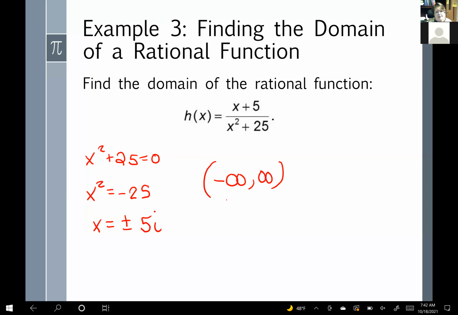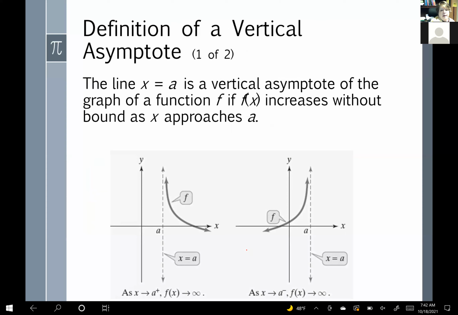Okay, so our discussion of finding domains of rational functions leads us to a discussion of what a vertical asymptote is. So what is a vertical asymptote? A vertical asymptote is a vertical line, and it has the equation x equals a constant.